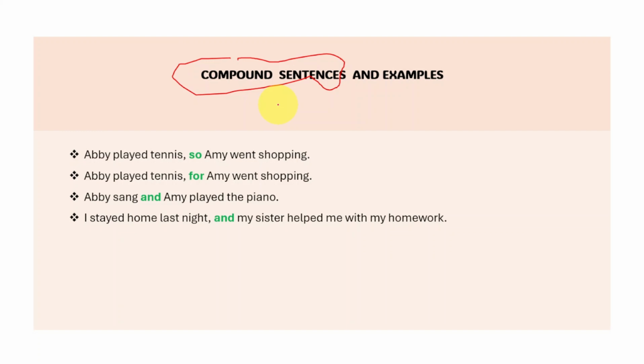I mean, we didn't have two independent clauses. We only have one simple sentence. But when you look at the compound sentence, we have two complete sentences. We combine them with the conjunction. We glue them with conjunction.